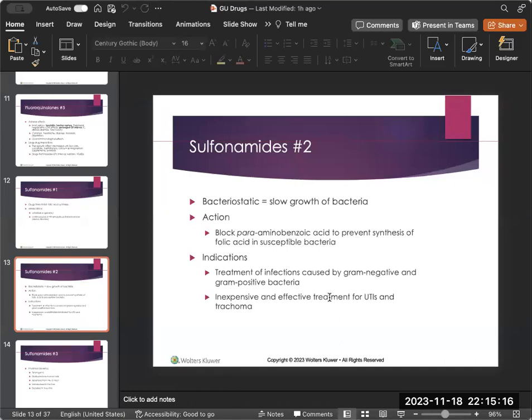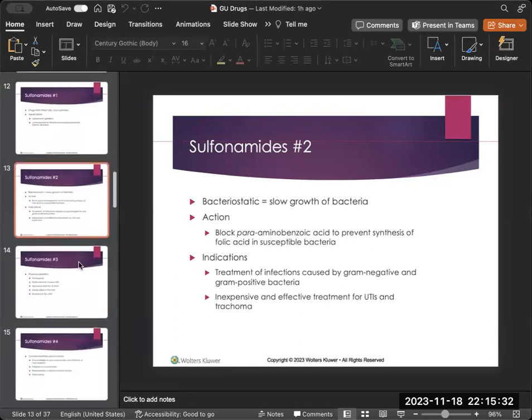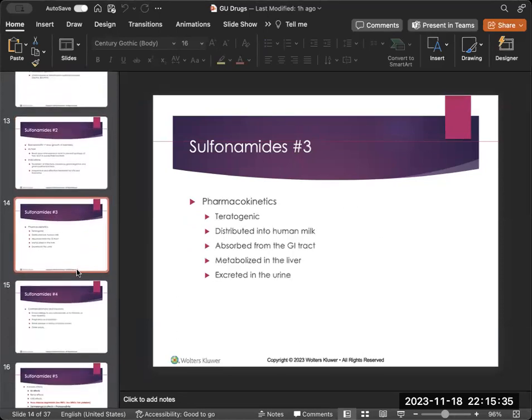So pretty much you're noticing a trend that these urinary tract anti-infectives can be used to help treat gram-negative or gram-positive bacteria, okay? And they're inexpensive, so that's pretty good. So they get into human milk, so no lactation.